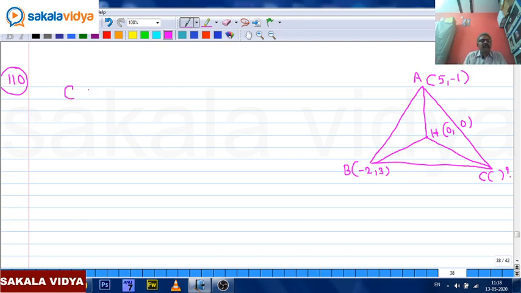Here C equals the orthocenter of triangle AHB.